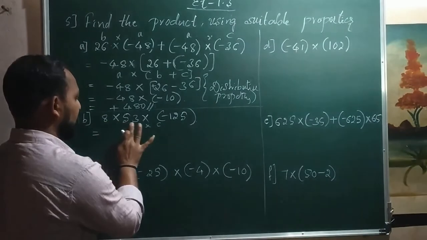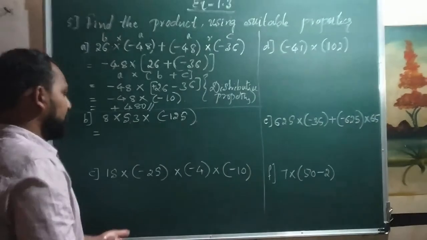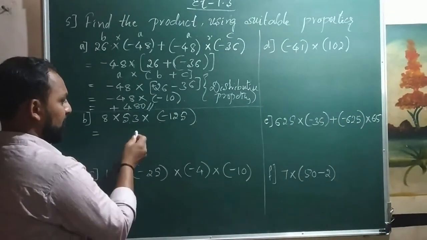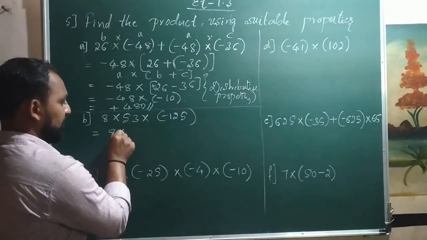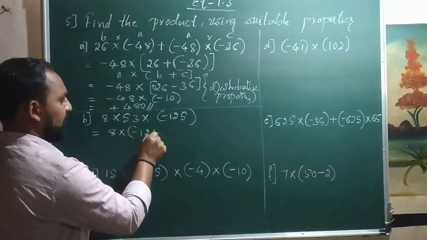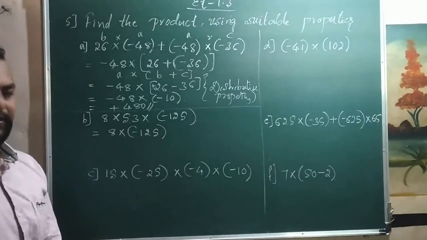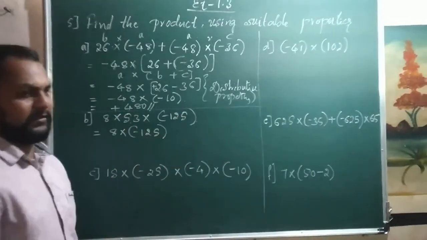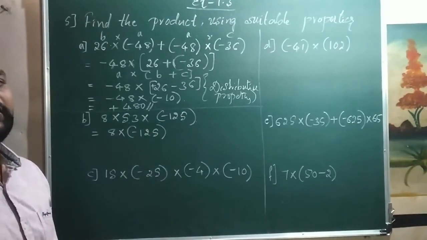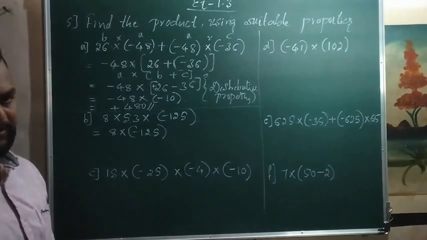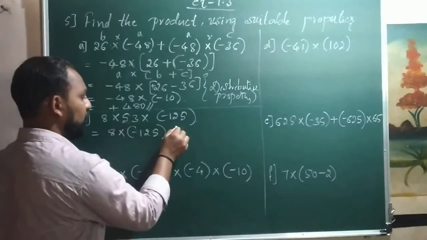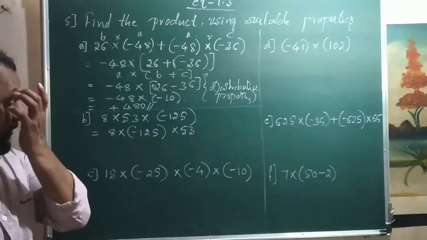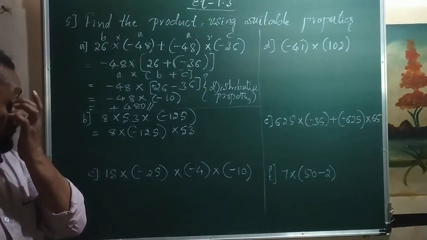There is an easy way to solve this problem: 8 into minus 125 or 125 into 8 are the same values. 6 into 2 is 12, and 2 into 6 is 12. This is the commutative property of multiplication.